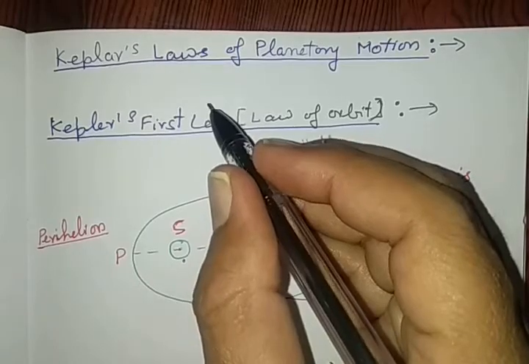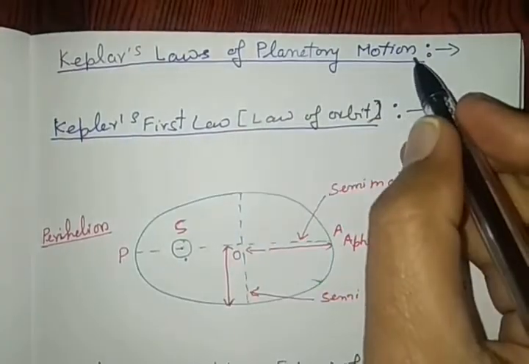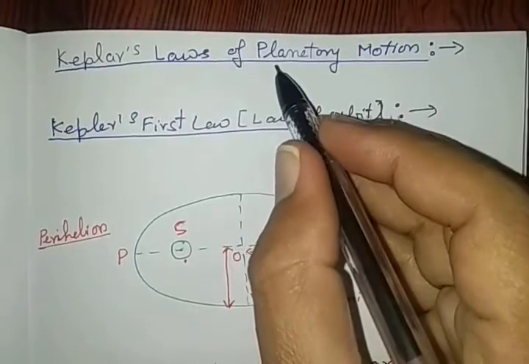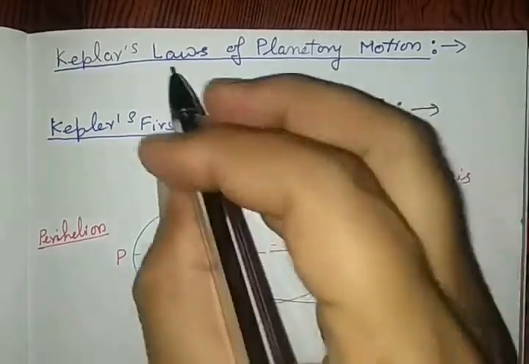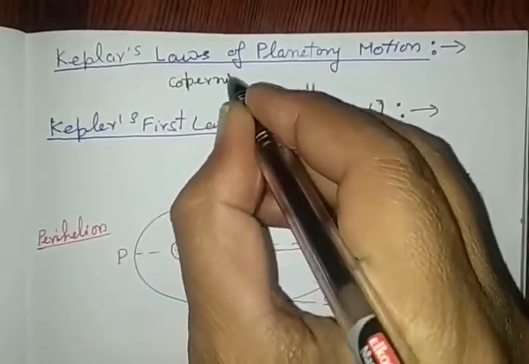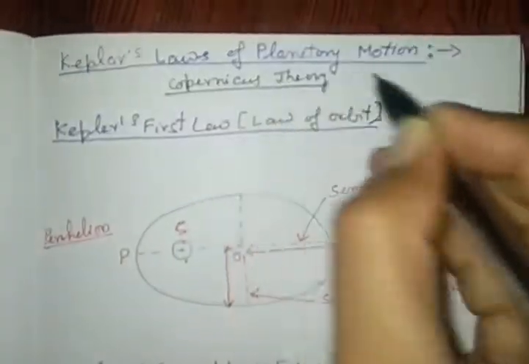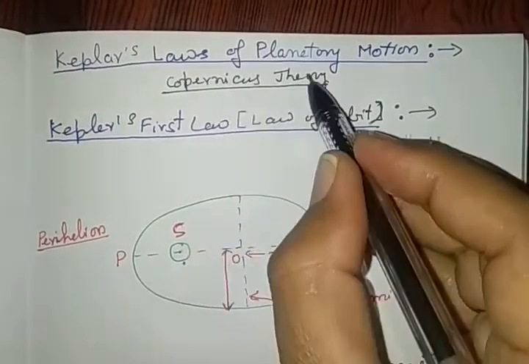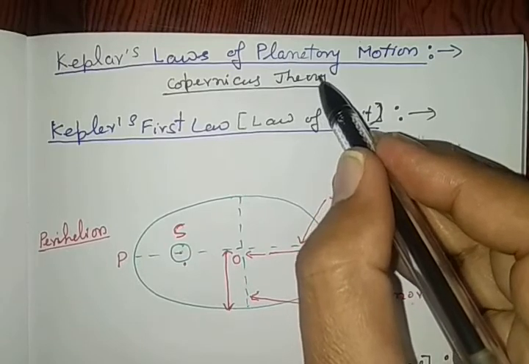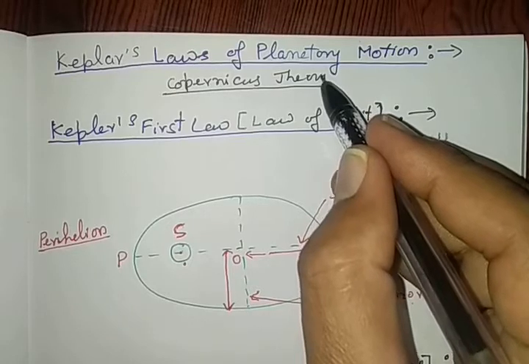Hello everyone. We are going to see a topic, Kepler's laws of planetary motion. Kepler's conclusion regarding the planets which revolve around the nucleus is based on Copernicus' theory. Copernicus' theory is related to the study of astronomical bodies, and we know that in the solar system the planets move around the star.